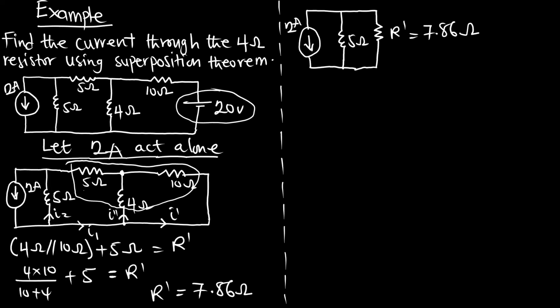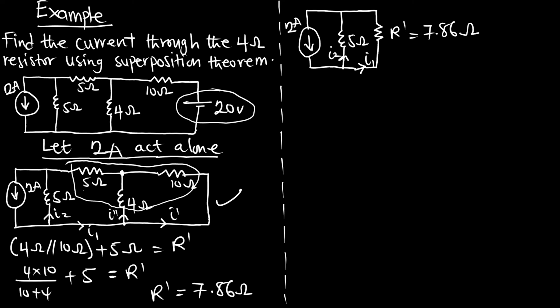Please pay attention. We know that this current 2 amperes is going to be I2. From the first diagram, you can see that it is I2 here, and it is also splitting into I1 over here. So we want to find I1 first before we see how I1 is also going to split itself among the 4 ohm that we are interested in.